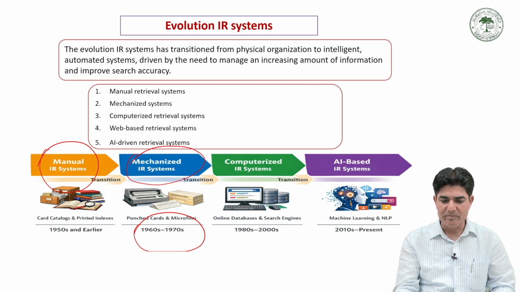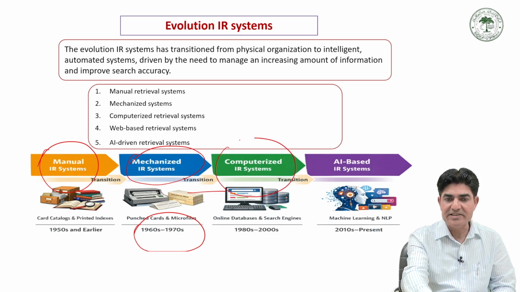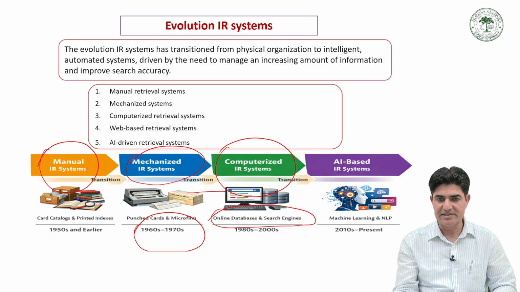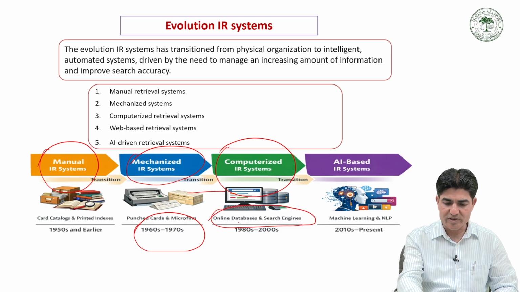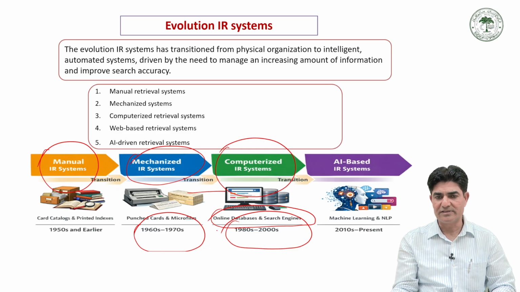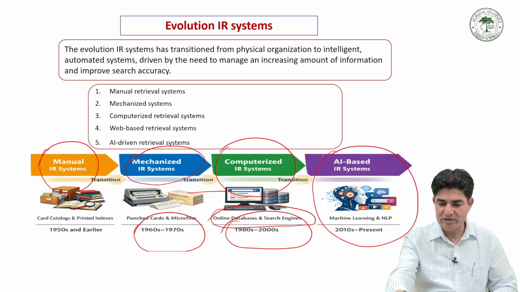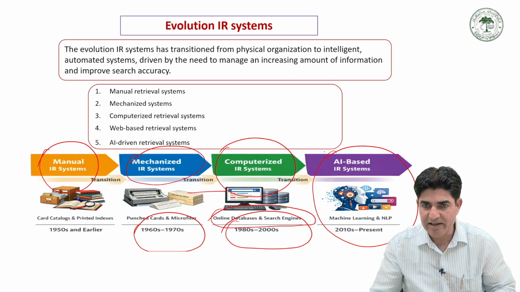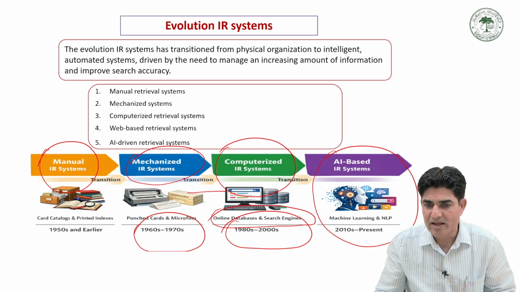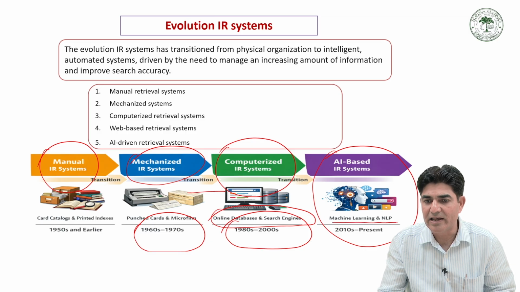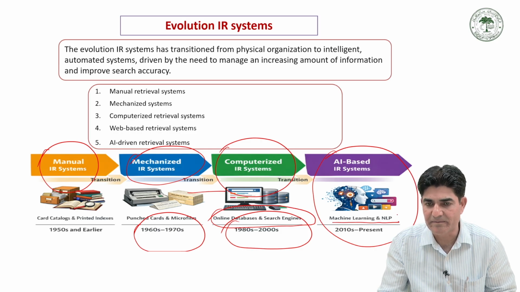Then with the invention of the computer, a new category of systems evolved, and they are known as computerized information retrieval systems. These systems relied on online databases and search engines, and they evolved during the 1980s to 2000. Now, a new development happened from 2010 to present: the AI-based information retrieval system. These systems are based on technologies known as natural language processing and machine learning.